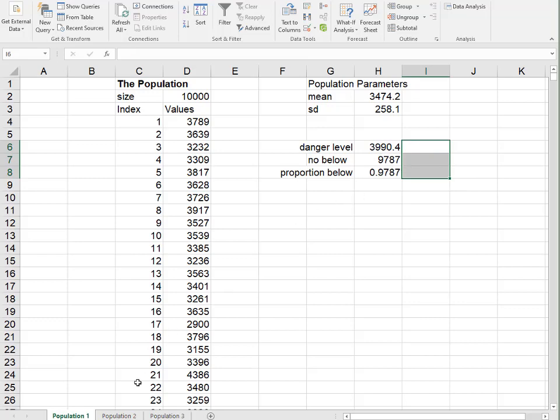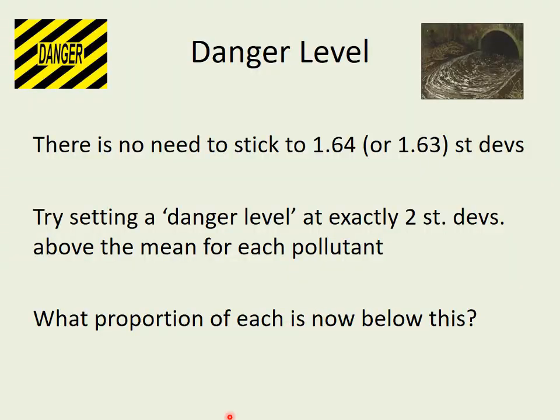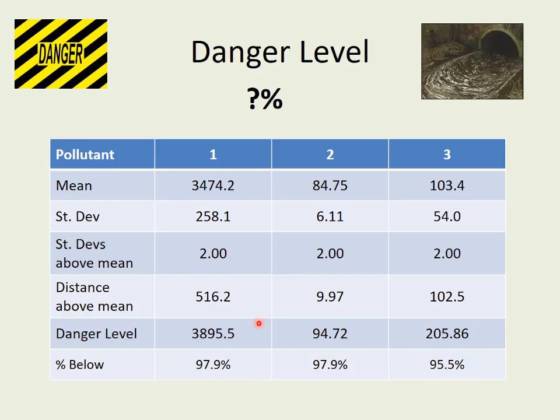So again, populations 1 and 2, very similar things happening. Population 3 doesn't work. So now if I go 2 standard deviations like this, in all cases, I get these danger levels, and I find again to 1 decimal place it's identical for 1 and 2. 3 again is going its own way because 3 has a different distribution.